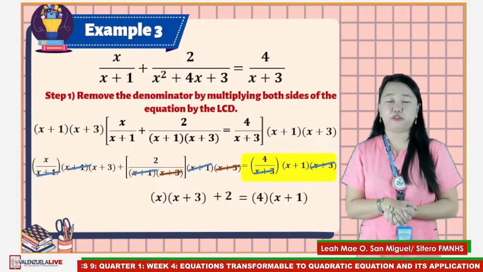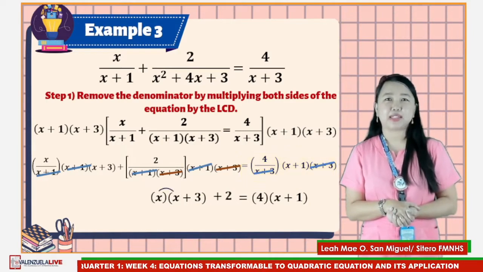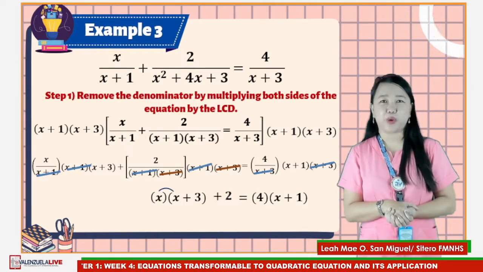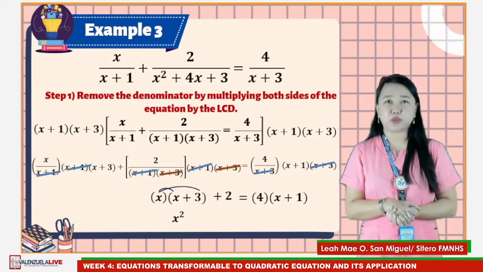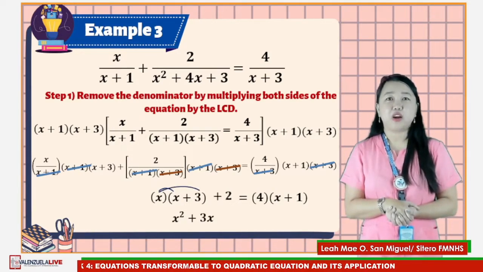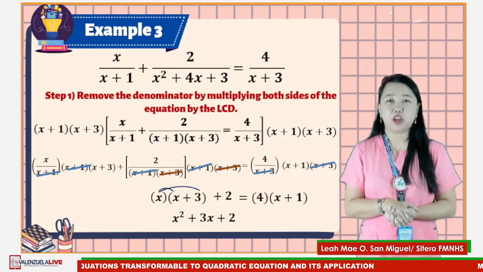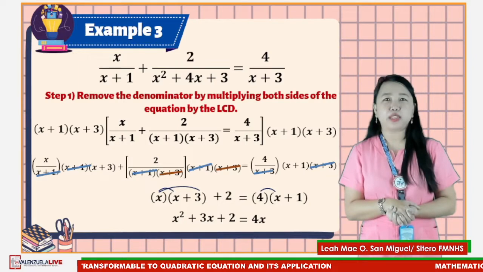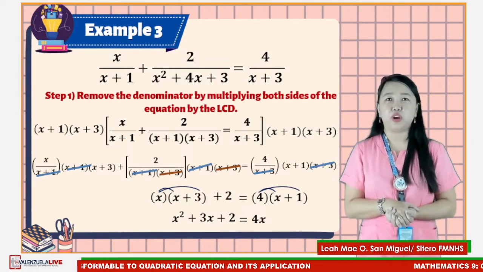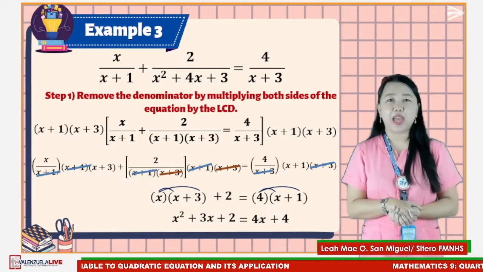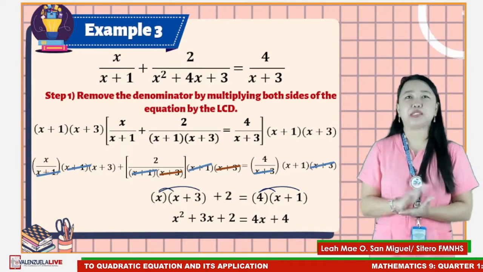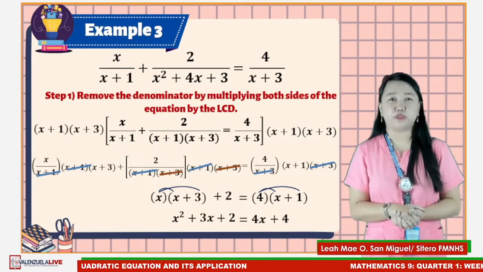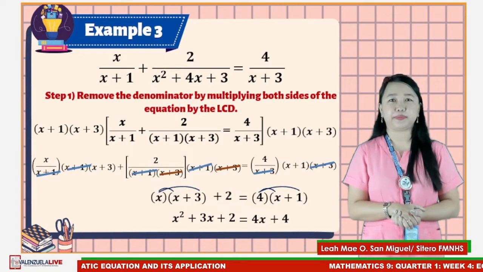Applying distributive property, x times x is x squared, x times 3 is 3x, right, plus 2, 4 times x equals 4x, and 4 times 1 is equal to 4. So we have x squared plus 3x plus 2 is equal to 4x plus 4.